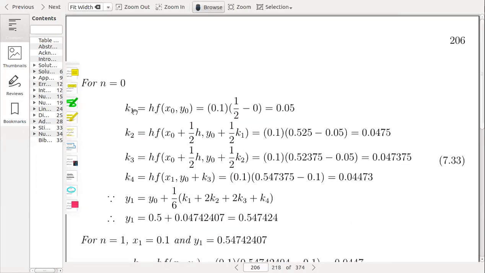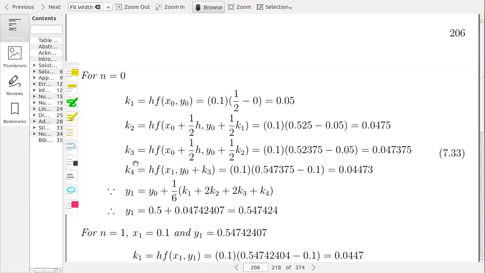For n is equal to 0, if we compute k1 we have the value 0.05, and for k2 we have the value 0.0475, for k3 0.047375, and for k4, h f of x1, y0 plus k3, which is 0.1 into 0.547375 minus this point, is equal to 0.04473.